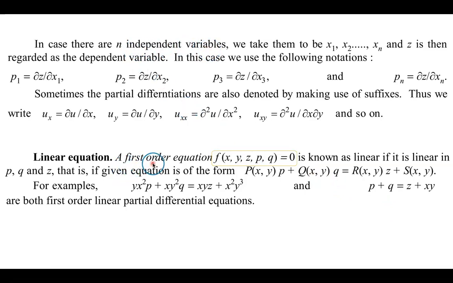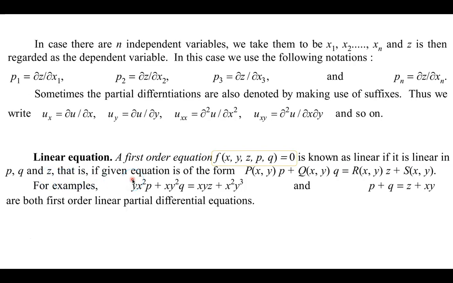Linear equation. A first order equation of the form f(x, y, z, p, q) = 0, but we know that p is equal to ∂z/∂x and q is equal to ∂z/∂y. This equation is known as linear if it is linear in p, q and z.